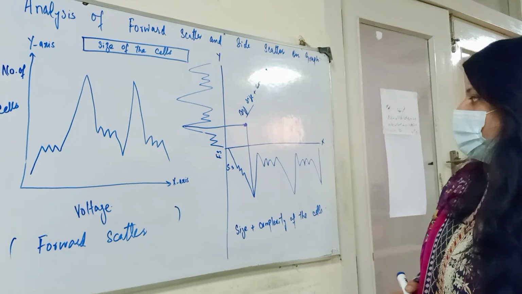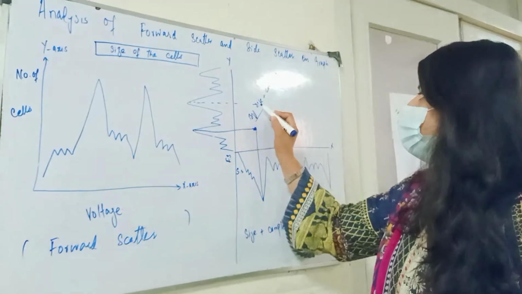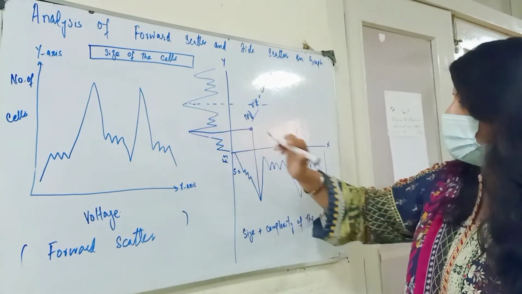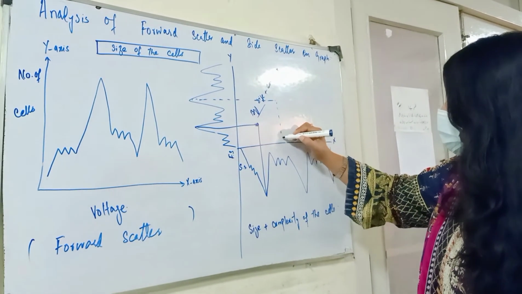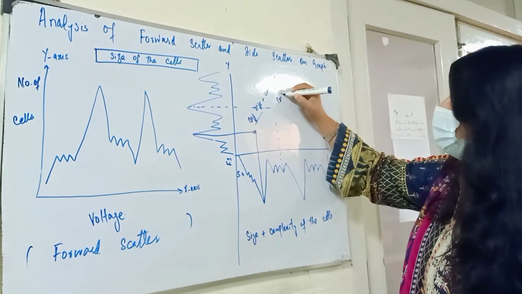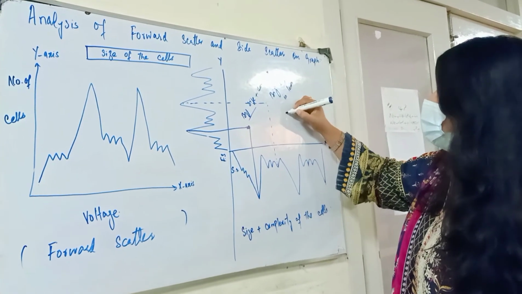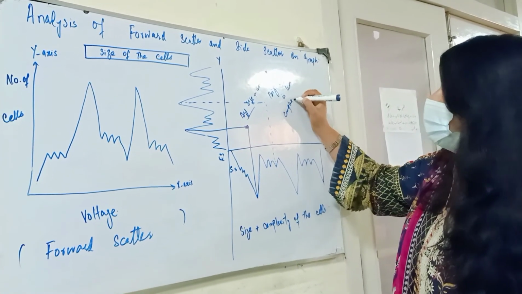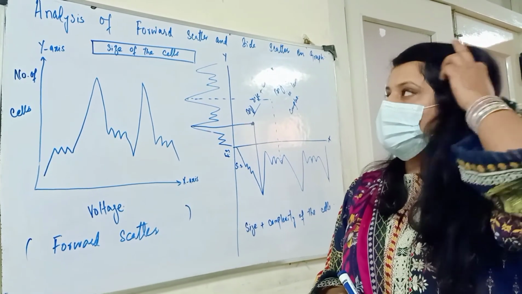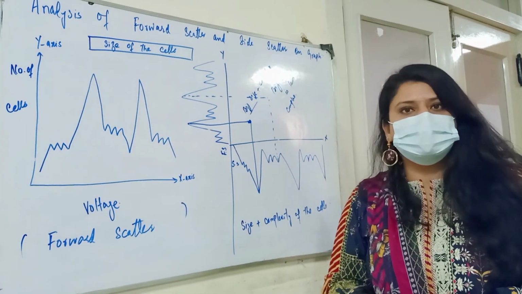But over here, when we join this high peak of forward scatter, meaning big size of the cell, with a small peak of the side scatter, it means the cell is of big size but is less complex. So by overlapping the two scatter plots, we can get an idea about the size and complexity of the cells at the same time.